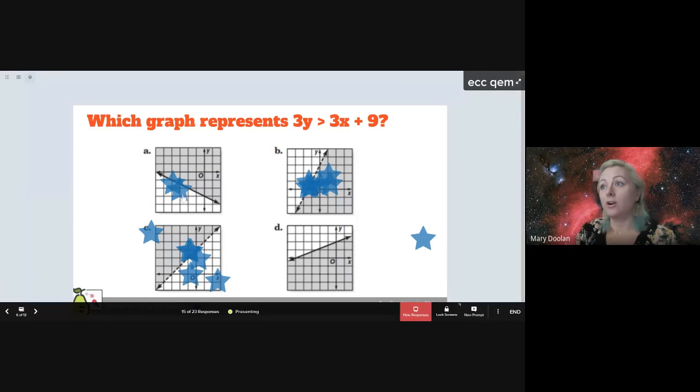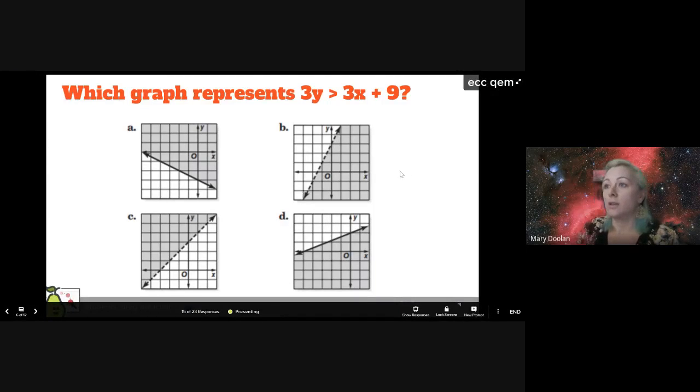So if your star is over here on A, 2 people, you want to move it to either C or B. I'm just trying to figure out now from C and B which graph is y is greater than 1x plus 3. I'm going to hide your stars for a sec. I know my graph has to cross through +3. It crosses at +3 here, and it crosses at +3 here.